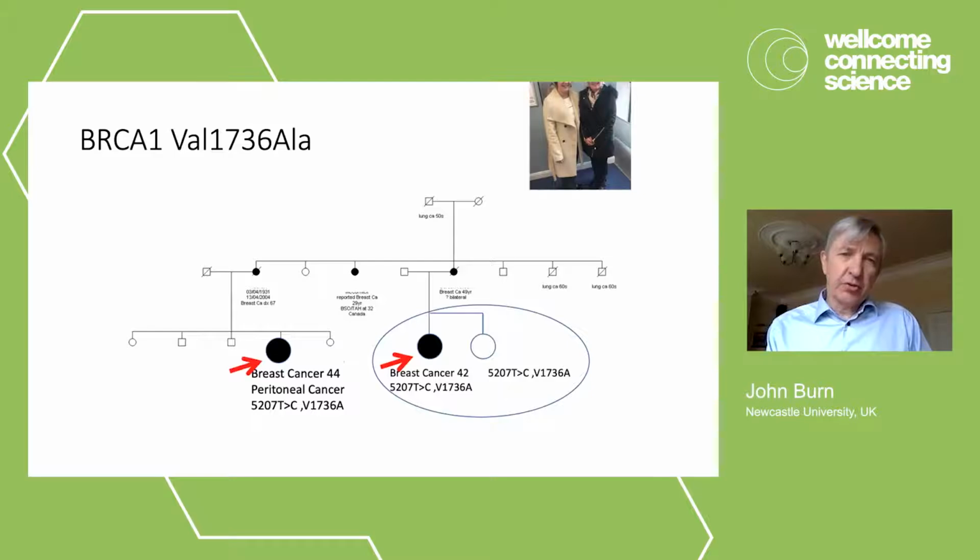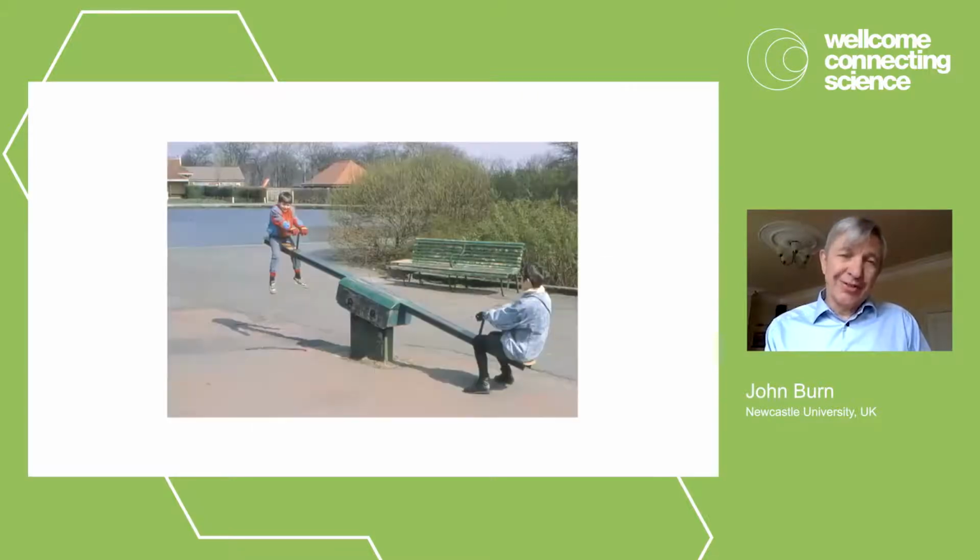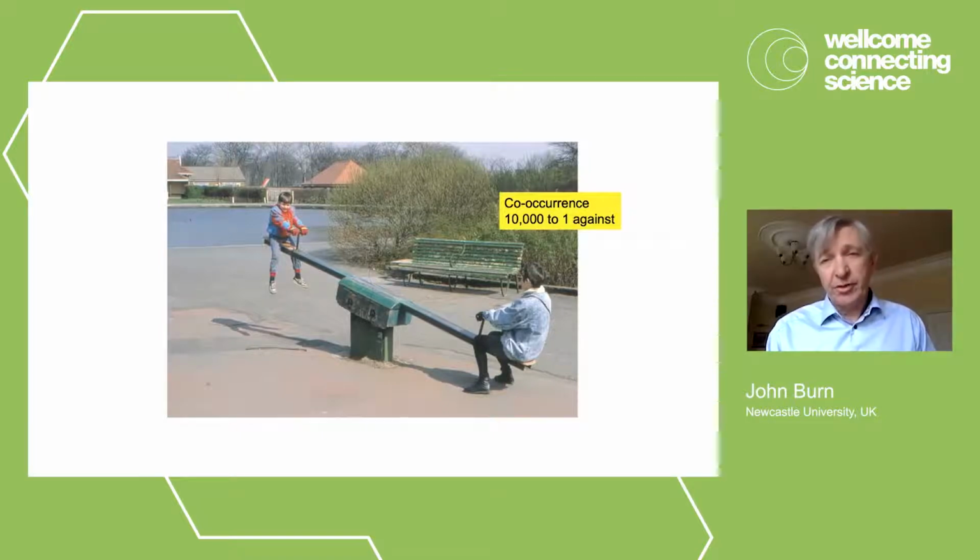And the interesting reason for this is because the Bayesian probability calculation had changed quite dramatically in those 7 years. The reason it had been judged to be a variant of uncertain significance was a case of co-occurrence. This variant was seen in a single patient in America who also had a variant in BRCA1 in the other allele.